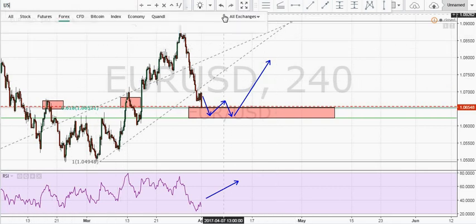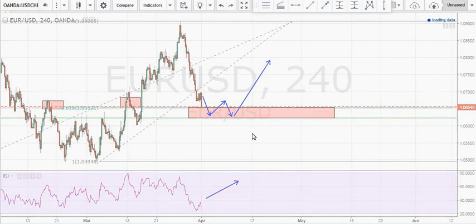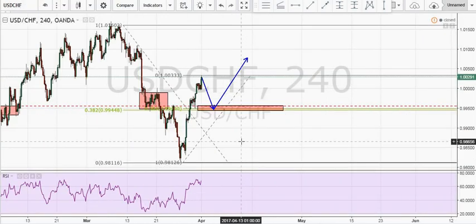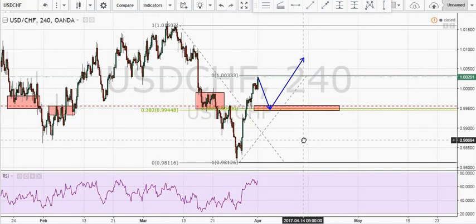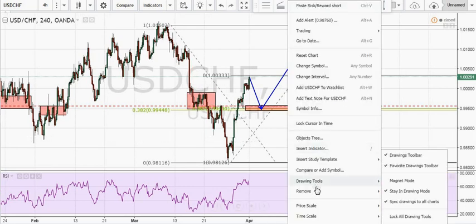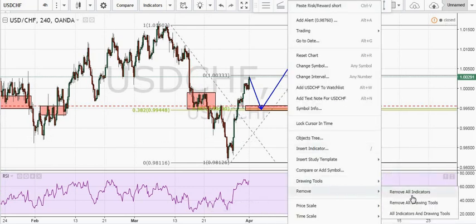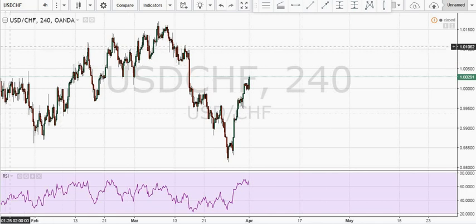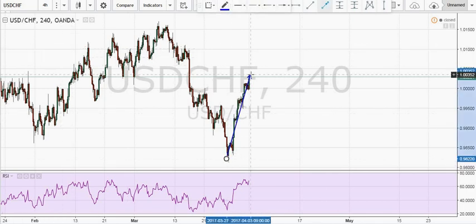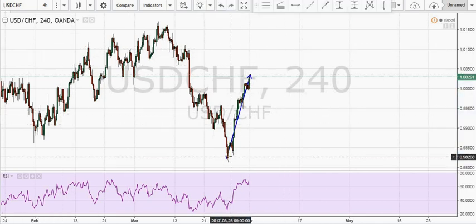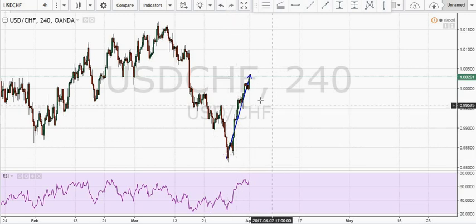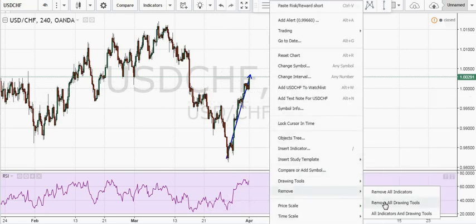The next one we want to look at is the USD franc. Looking at this chart, I'm looking at a potential bullish trade, because as we can see, price has recently been bullish since the 27th of March. So like I said, the first thing we want to look at is always structure.